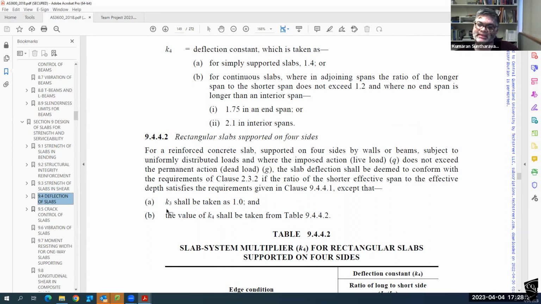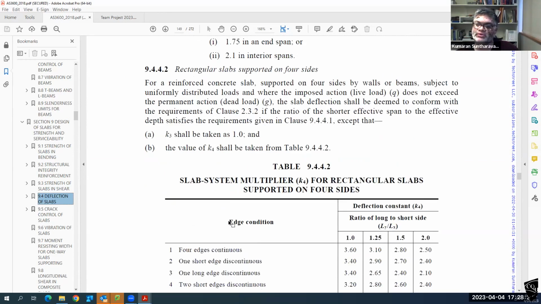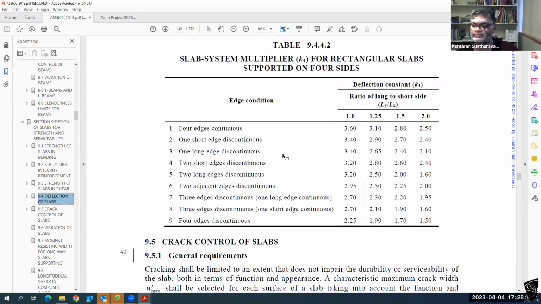For a two-way slab, K3 should be 1, and K4 should be taken from here. For the K4 value, you need LX and LY. I discussed how to get LX and LY. LY is the largest effective span, and LX is the shortest effective span for a particular panel.